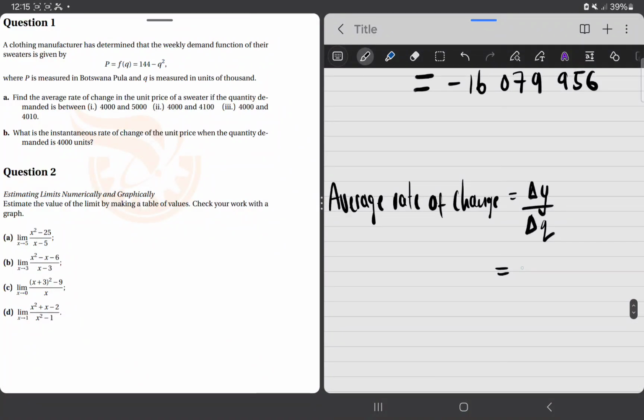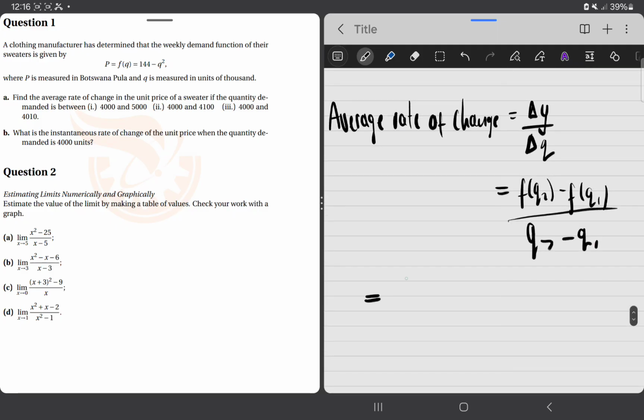Change in y over change in q, which is going to be f of q2 minus f of q1 all over q2 minus q1. And this becomes equal to f of q2. What did we have it as? Negative 16,079,956 minus f of q1 is negative 15,999,856.